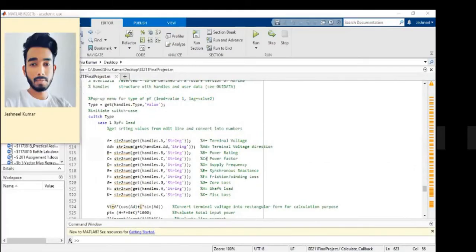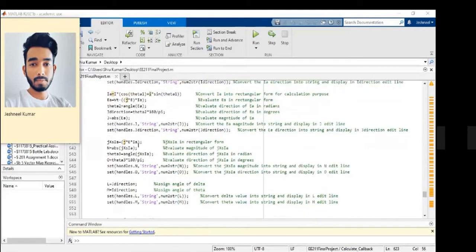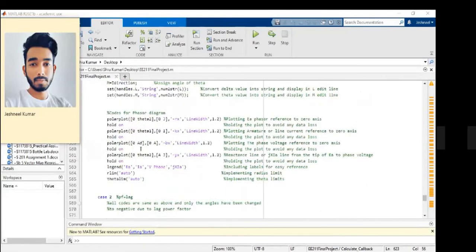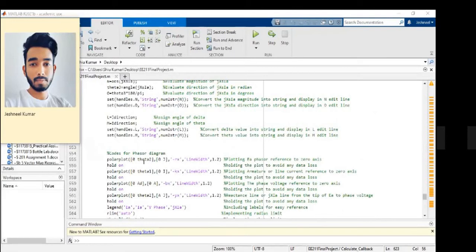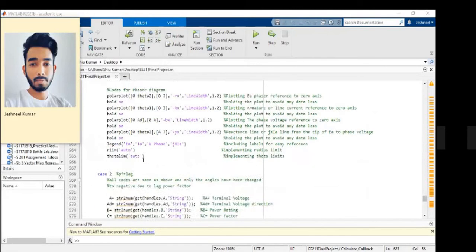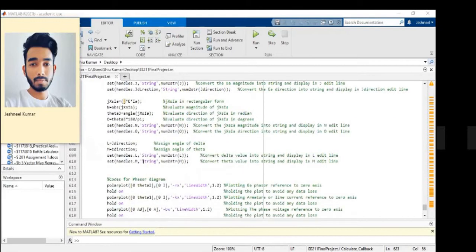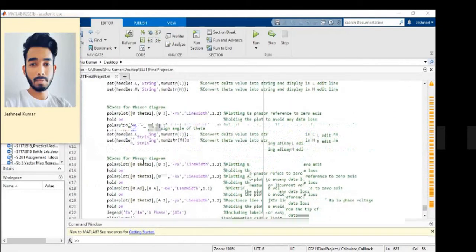Hi, I'm Jashnil Kumar, and I would like to discuss the switching phases, which are lead and lag, as per the power factor. Page 1 is associated with lead, which is shown here, and page 2 is associated with lag. The set of codes shown will run if either of the two phases is selected. Moving on to the plotting codes, both will have the same set of plotting codes.